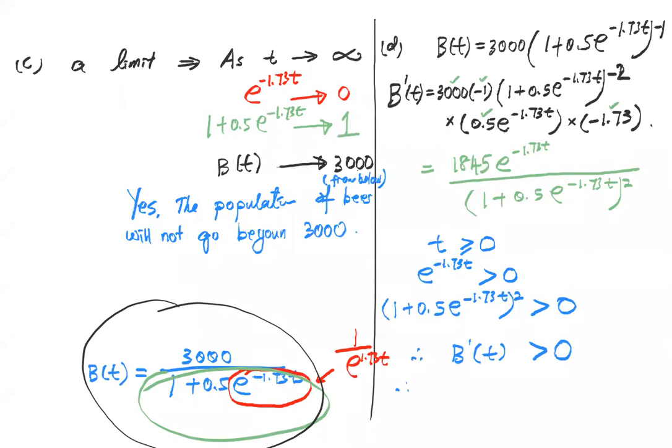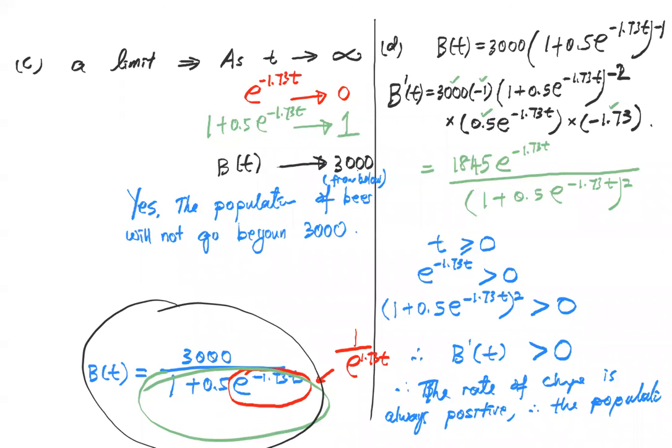Therefore, the rate is always positive, which means the population is always increasing. Are you clear? That is how you prove it.